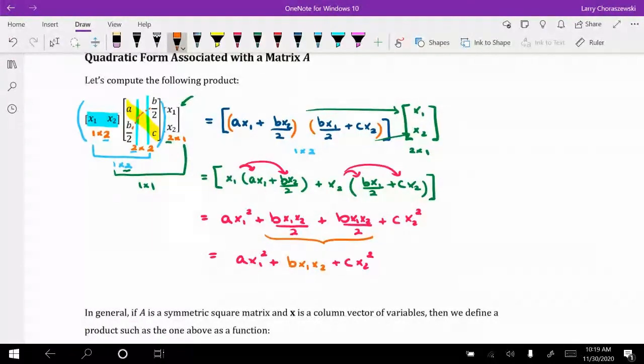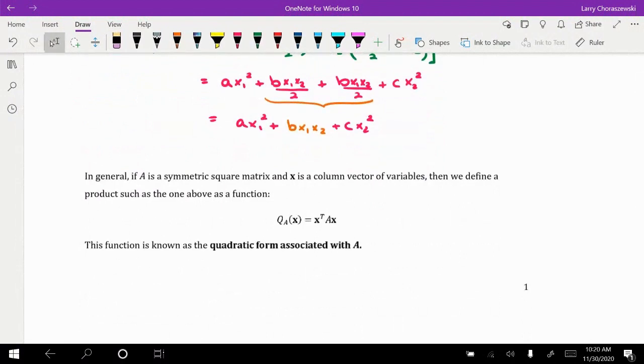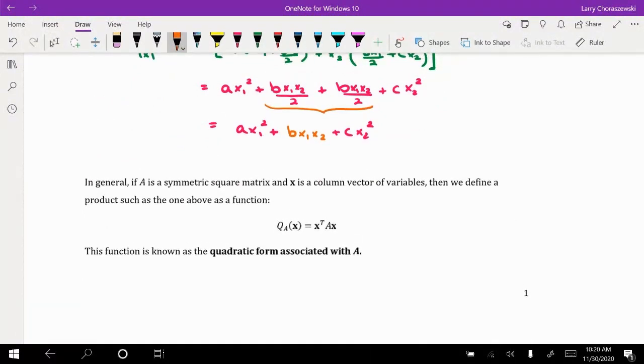So that middle matrix is symmetric, and when you write a quadratic form equation using this format, the middle matrix always will be symmetric. And the product itself involves the transpose of our column matrix of unknowns. So X transpose times the symmetric matrix times the original version of the column matrix of unknowns. So the reason why it's X transpose AX is because we need that first matrix to be a row vector in order for the multiplication to work.